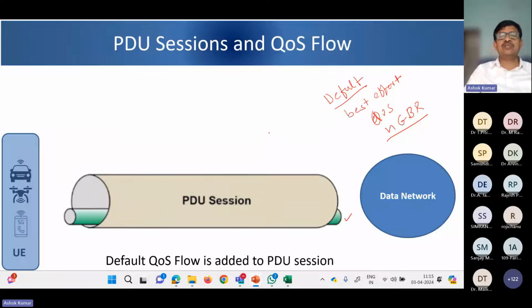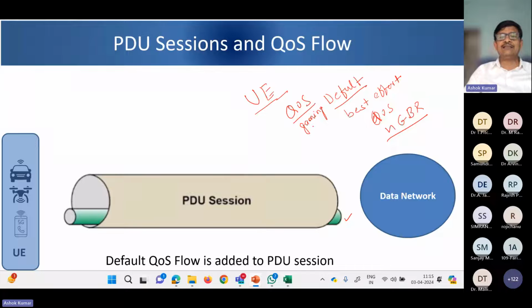Now suppose the UE wants to use a service which requires a different kind of quality of service. Maybe it wants to use a gaming service. Gaming service would definitely require a high data rate and good latency.